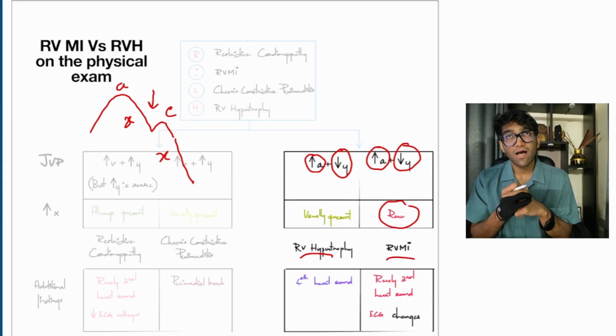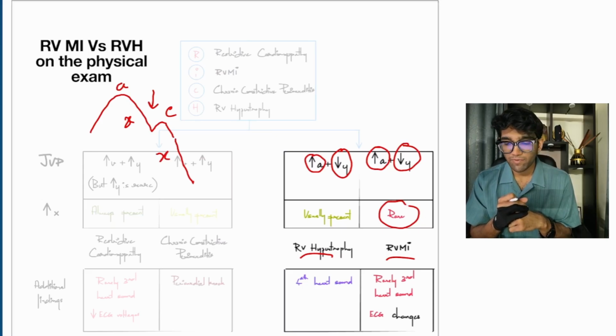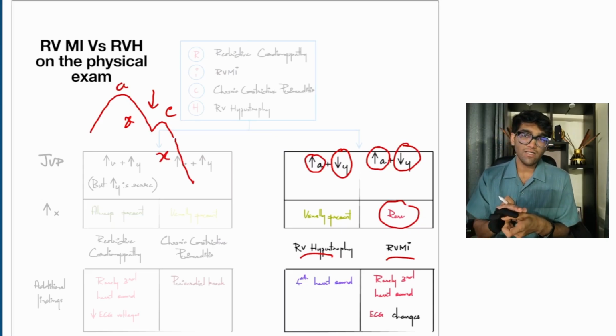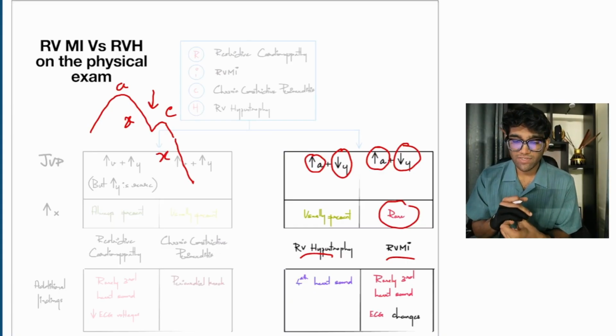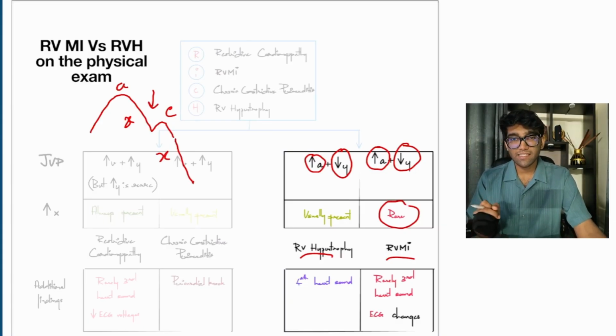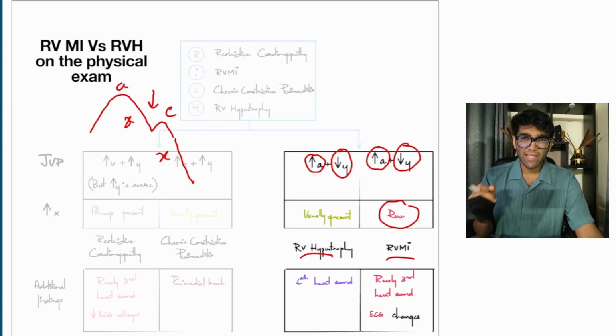Now, RV hypertrophy can have a fourth heart sound like any other type of hypertrophy, and RVMI may have a third heart sound. But as we discussed in the case of RV fibrosis, this kind of third heart sound is again rare. What you might get is ECG changes in RVMI, but we'll discuss this in the ECG series. You may need to place leads on the right side of the chest.